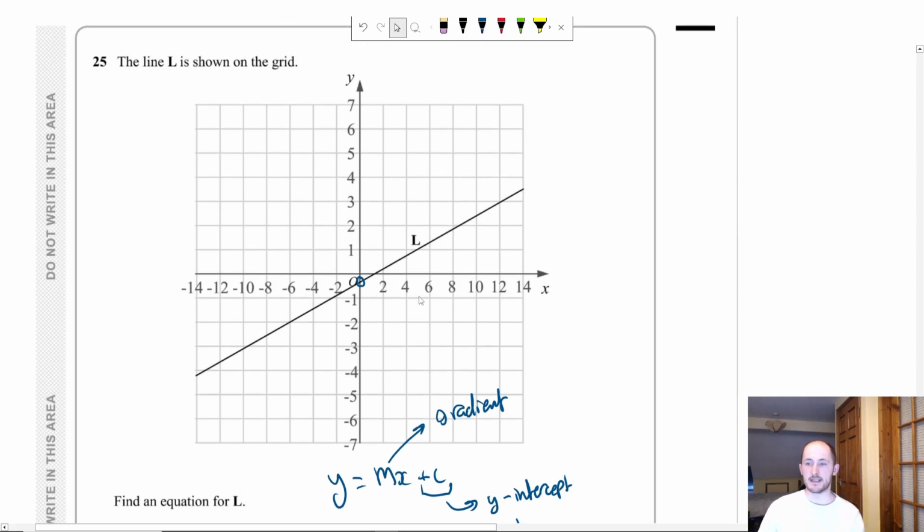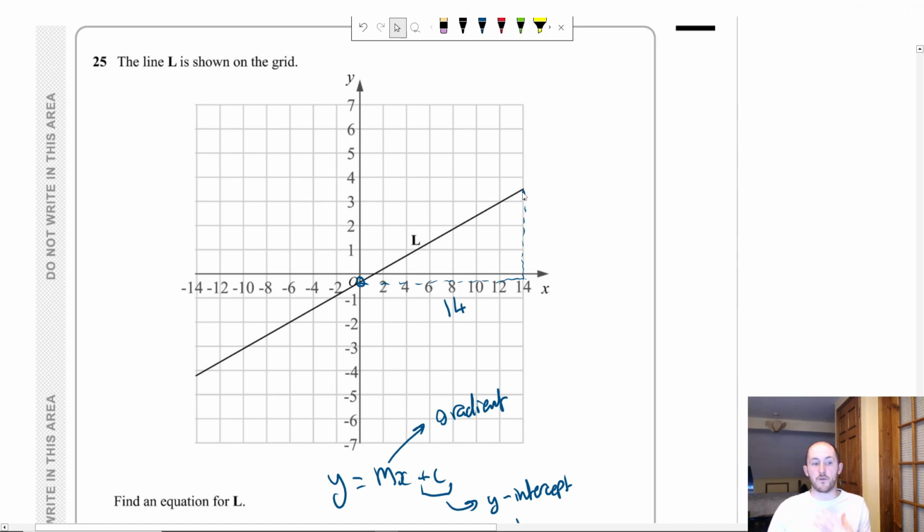Now the gradient is going to be fairly interesting. What you want to do is choose 2 points that ideally cut through a point that you kind of know the value of. So if I draw a big triangle from here, I'm going to choose the y-intercept, and I'm going to choose this value here. All I need to do is look at how wide it is. So it goes from 0 to 14, so the width is 14. And it goes from -1/2 up to 3.5.